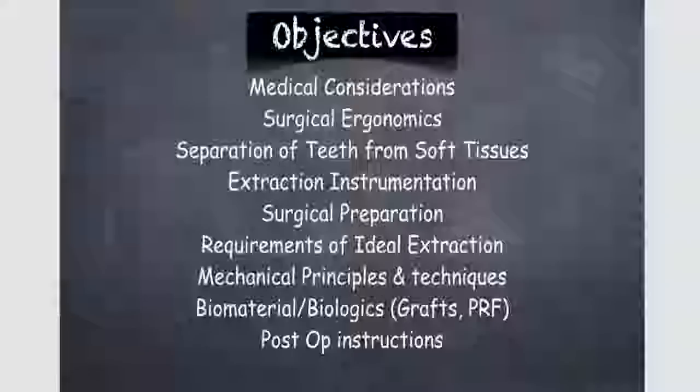We'll show you different instruments and how to prepare those instruments. And we'll discuss some requirements of an ideal extraction methodology, including some of the mechanical principles and the techniques that we'll use to do that. I'll jump into some biomaterials, what type of grafting products I like to use after we do some extractions, as well as biologics like PRF, platelet-rich fibrin, and lastly we'll end off on some post-operative instructions.